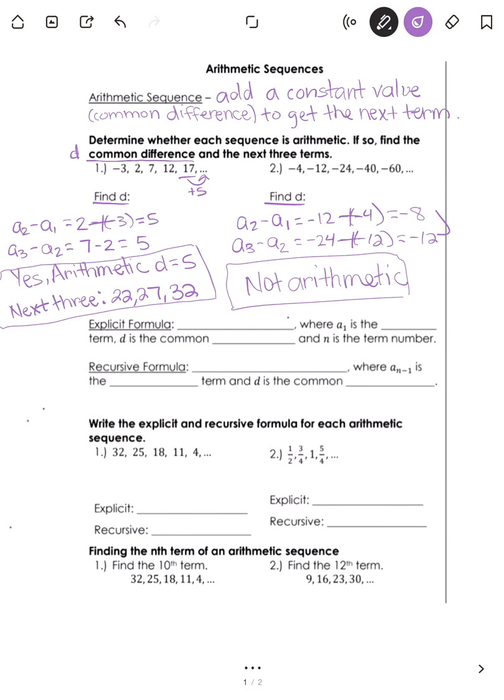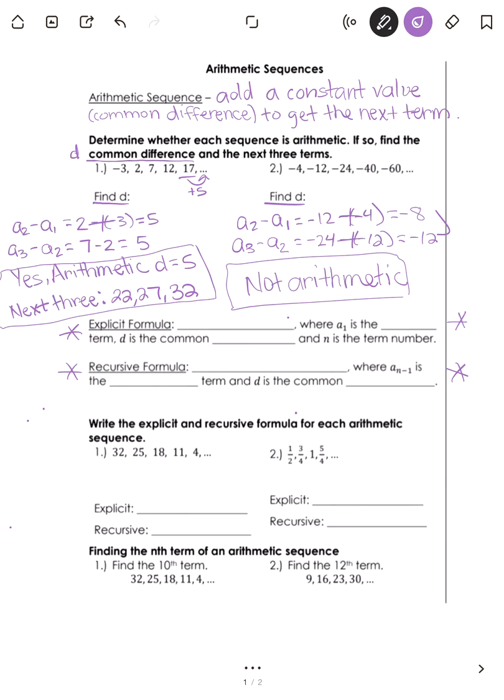Next, these two right here are super important. We are going to use this a lot. Recursive and explicit formula. Explicit formula is the most used formula.